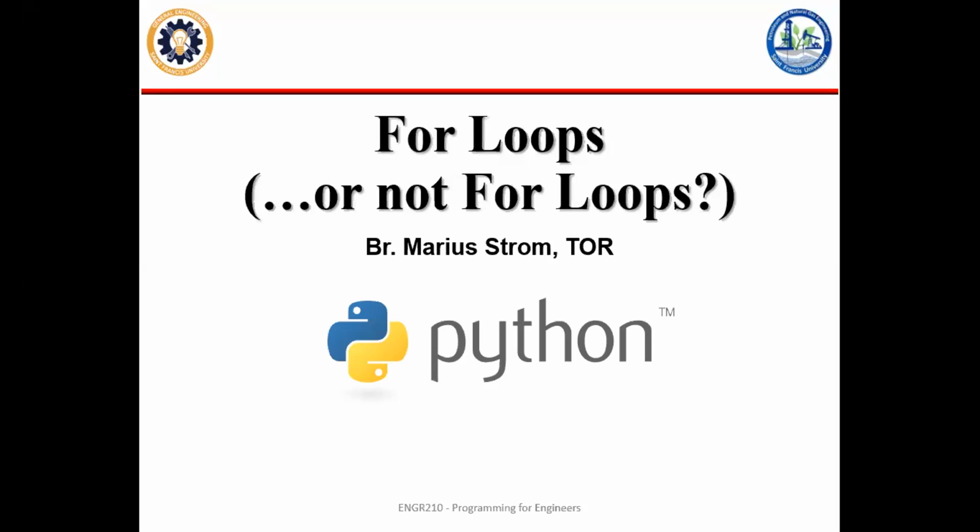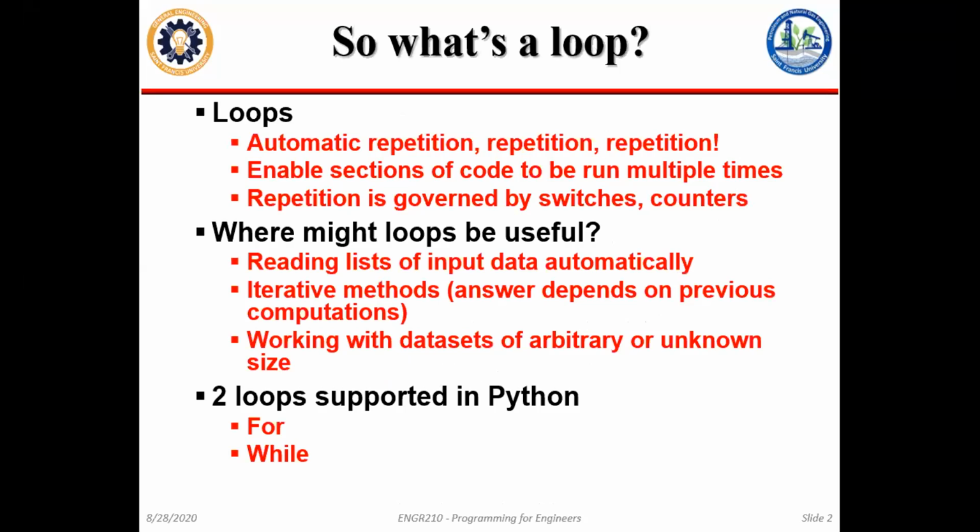Welcome to the most wonderful ENGR210 class you'll have this entire day. We talk about loops, also known as going in circles. So for loops or not for loops, that is the question, because in Python there are two ways of repeating instructions.